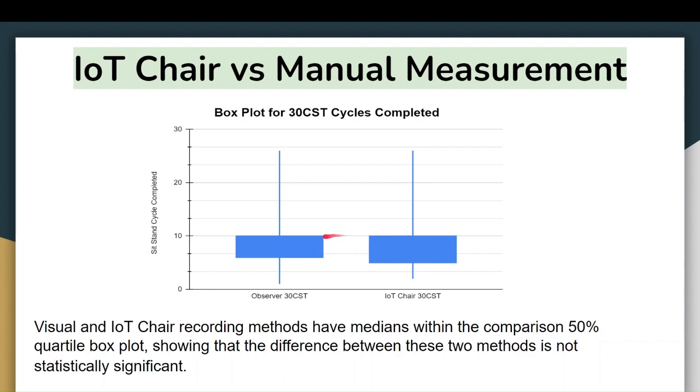And so if you look at the two box plots, the 50% quartiles overlap with each other. And so in statistics, what that means is that these two data sets are not statistically significant. And from there, we can extrapolate that because they are not statistically significant, our IoT chair is as accurate as an observer would be.